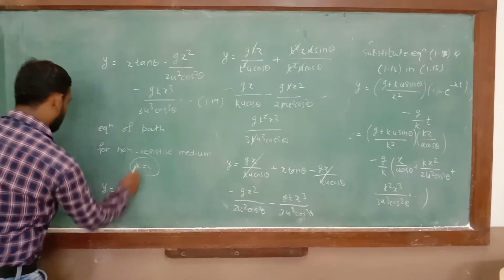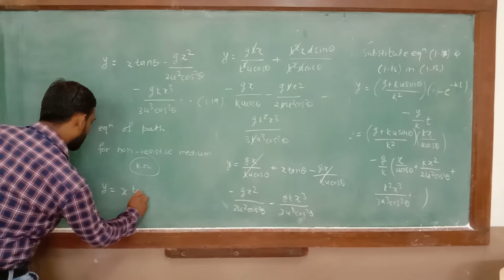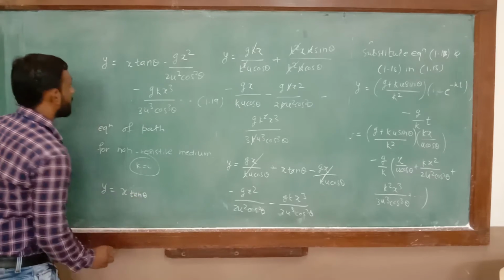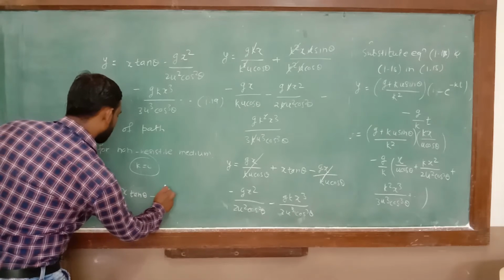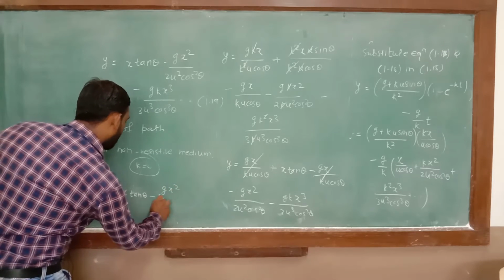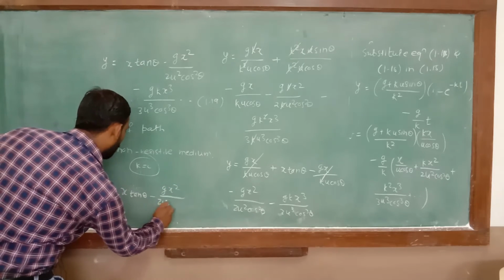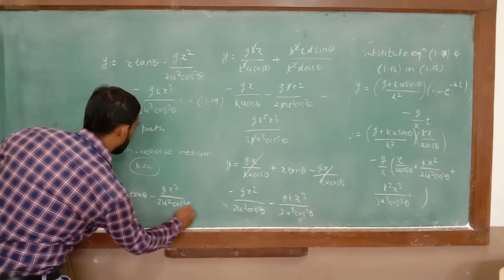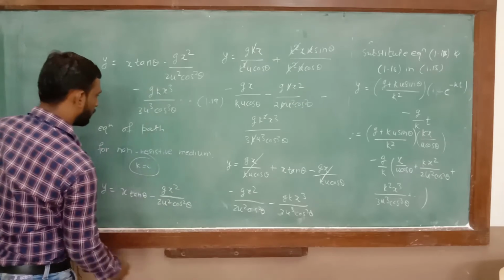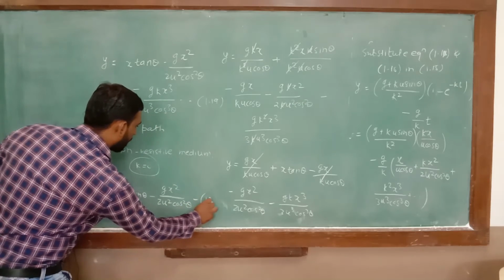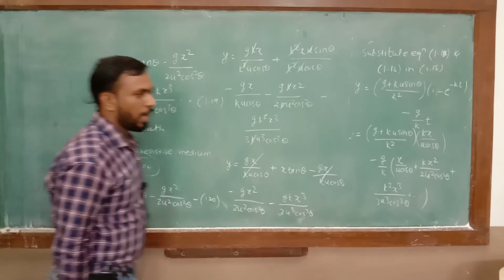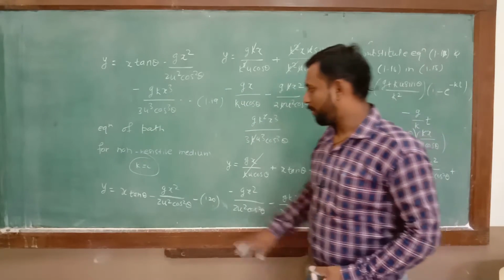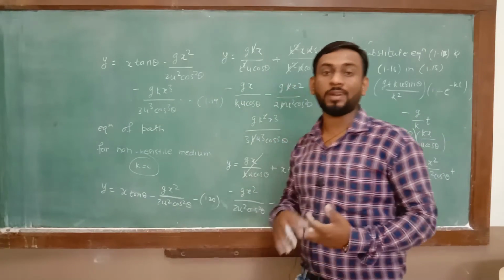So I just get x tan theta minus gx square upon 2u square cos square theta. So this is for K is equal to 0. So this is equation number 1.20, and this equation 1.20 is the equation of path for the parabola in a non-resistive medium.